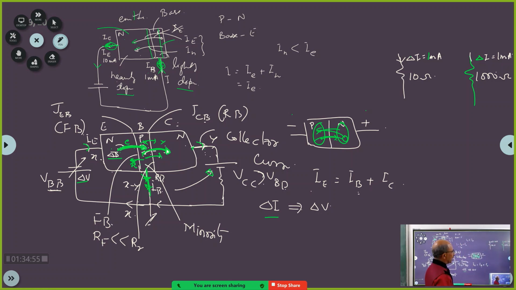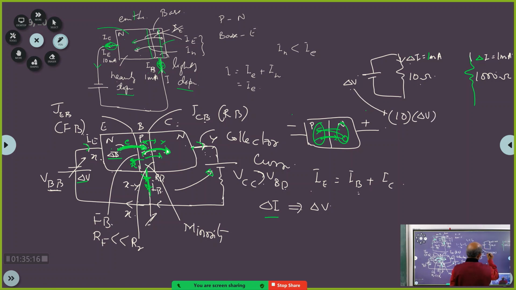If I want to change 1 milliampere of current here, then by how much should I change this voltage? Delta I into 10, that is 10 times delta I. That much voltage if I change here, then 1 milliampere will change here. Got it?